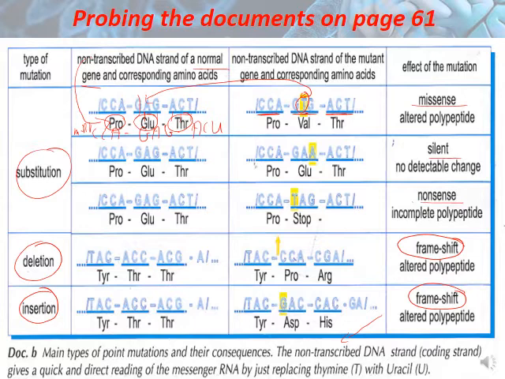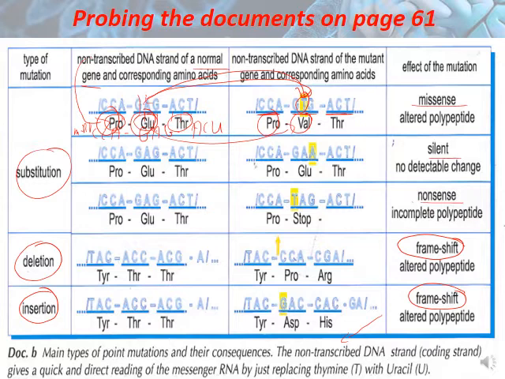Here we have the same amino acid Pro, here we have GLU, and here we have VAL, valine. So there is a difference in the amino acids: A is substituted by T in the second nucleotide of the second codon. This leads to a change in the amino acid from GLU to VAL. So this is called a missense mutation.